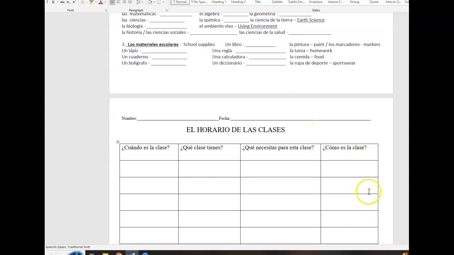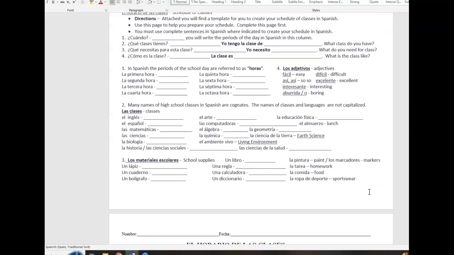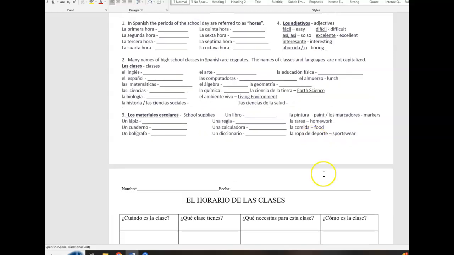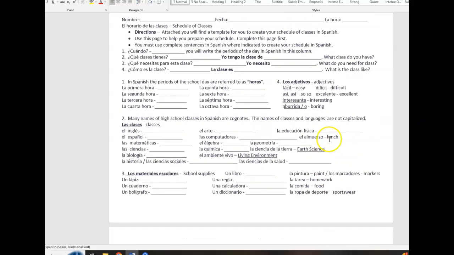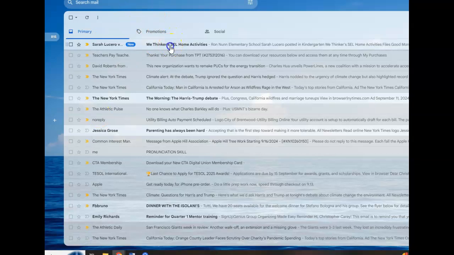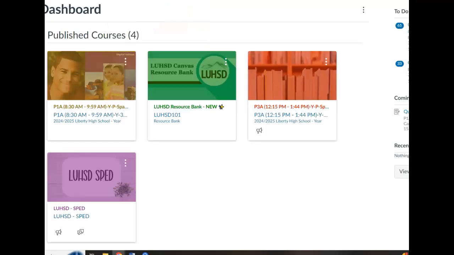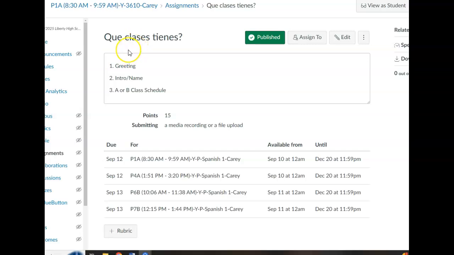And again, that 4th column, como es la clase, you could, if you wanted to, since they're all provided here for you, go ahead and use an adjective from this glossary to fill it in, but you don't have to at this time because we've not gone over that vocabulary yet. Your homework is, let's see here, forgive me, your homework is another conversation activity. ¿Qué clase tienes?